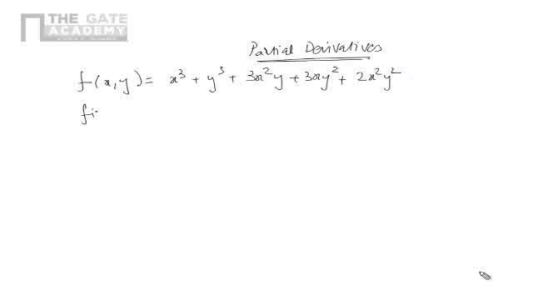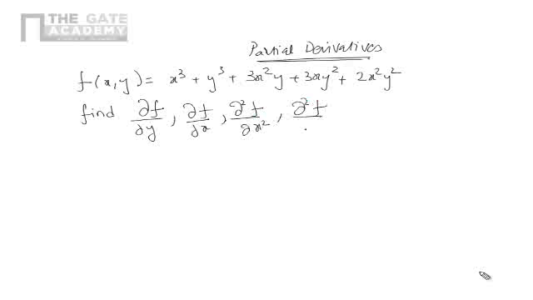Find dou f by dou y, dou f by dou x, dou square f by dou x square, dou square f by dou y square. Now these two I have added newly now. Let us understand first what we mean by this and then proceed.